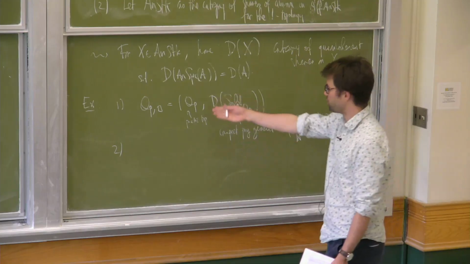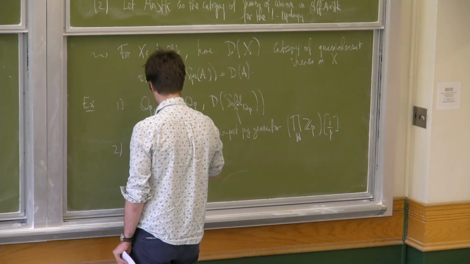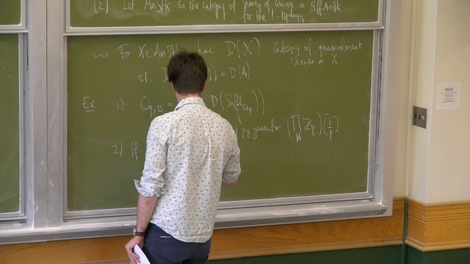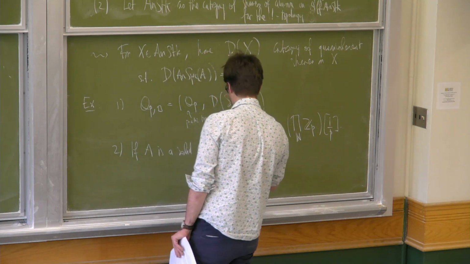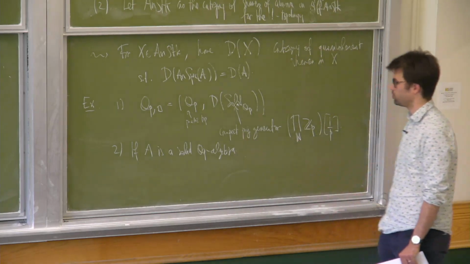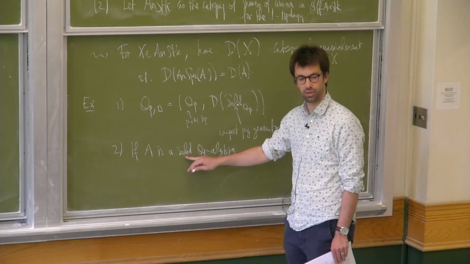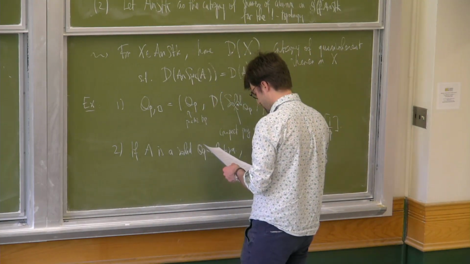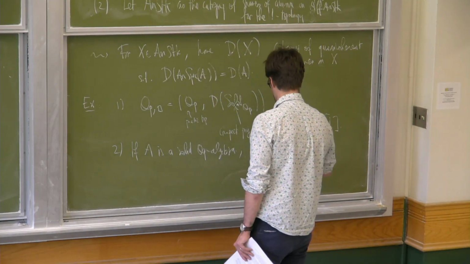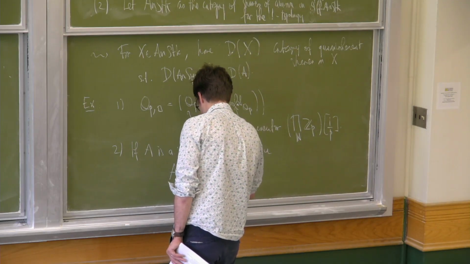And once you have one example, you can make many more examples by a general construction. So if A is a solid Q_p algebra, so it means that it's a condensed Q_p algebra whose underlying Q_p module is solid, then you define an analytic ring structure on A called the induced analytic ring structure.